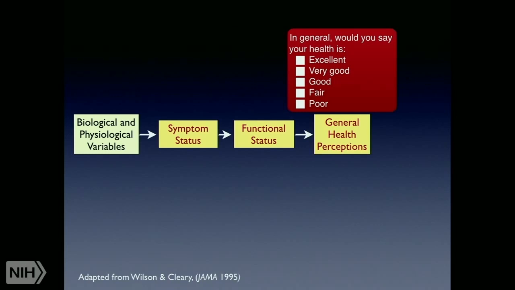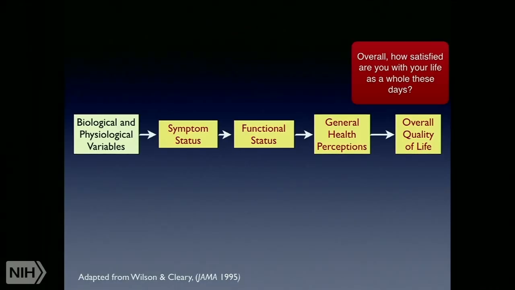People's overall health then informs their evaluations of their overall quality of life, right? And so we might ask something like, overall, how satisfied are you with your life as a whole these days? Right? It's a much broader question that encompasses much more than just their health.